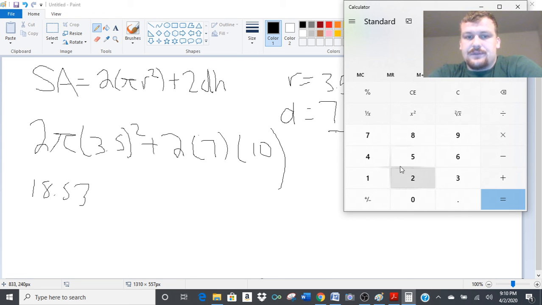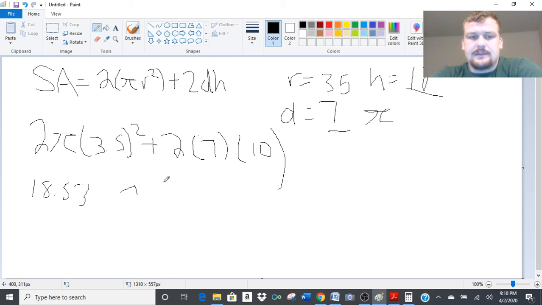Now we can just do the right side. So 2 times 7 times 10, which gives us 140. So we have plus 140.